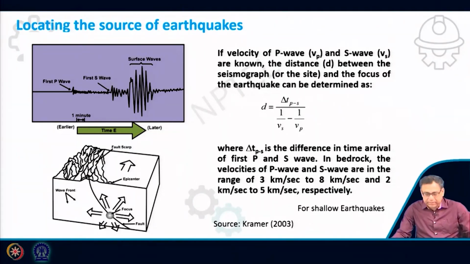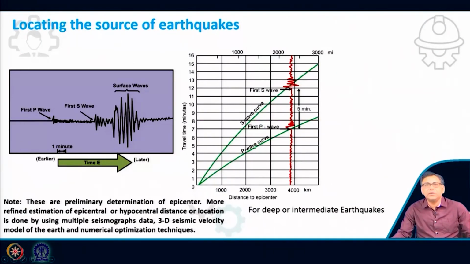Next, if we don't know the velocity of the P wave or the S wave, then we can use the distance versus travel time graph, from where we can also determine the distance from the site of interest to the epicenter.